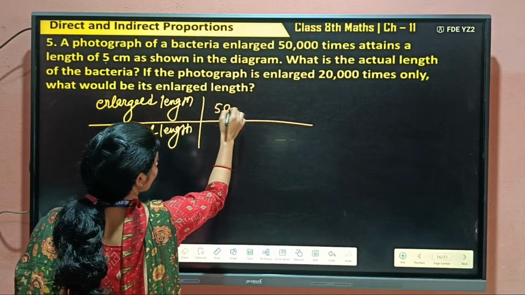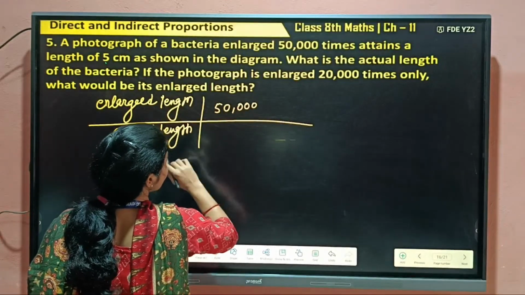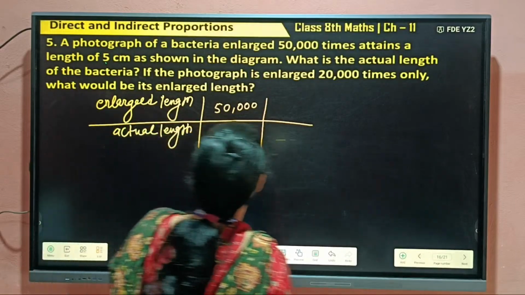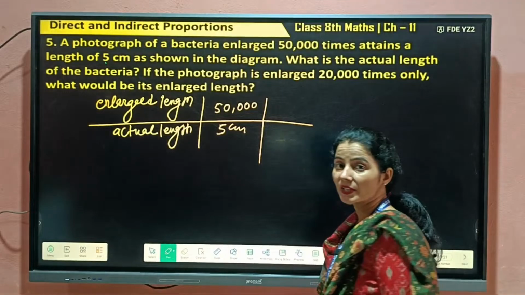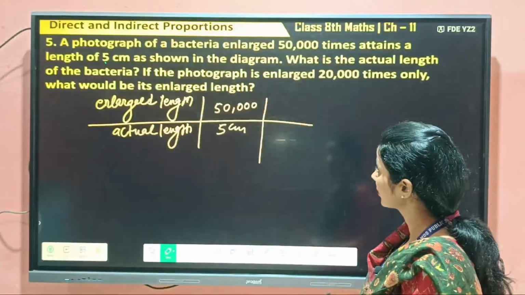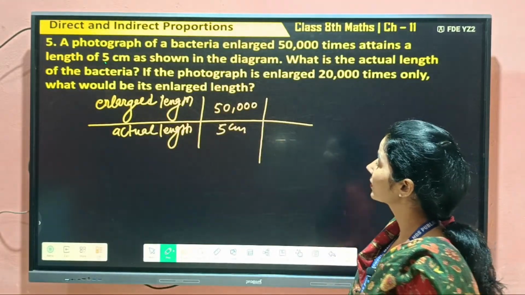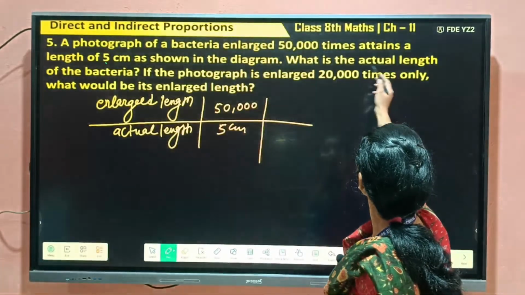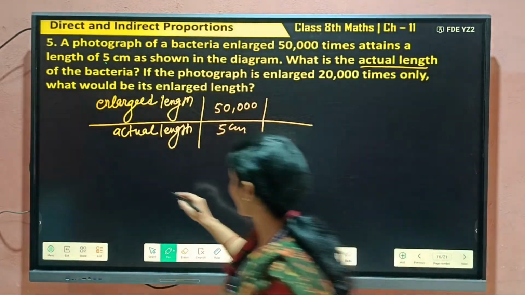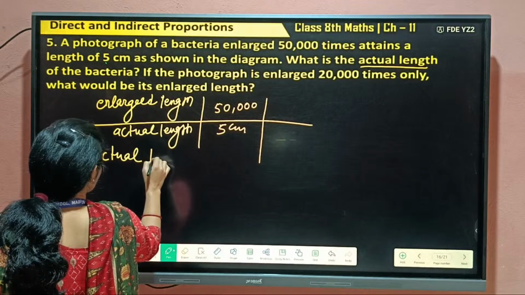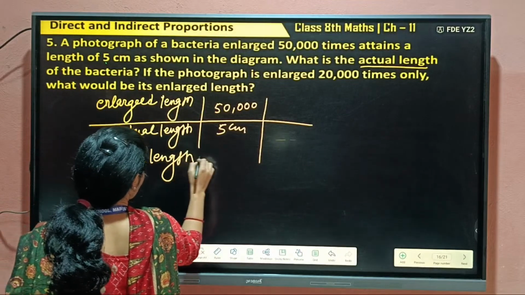Enlarged length is 50,000 times and then its actual length attains a length of 5 centimeter. When it is increased 50,000 times enlarged, then it attains a length of 5 centimeter. So what is actual length? You will find out actual length in this way. What will be actual length?